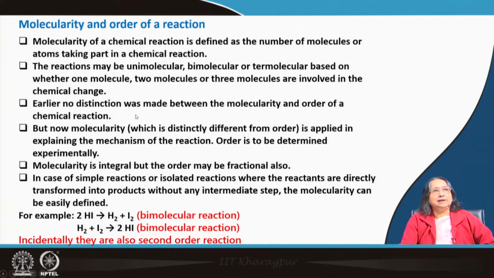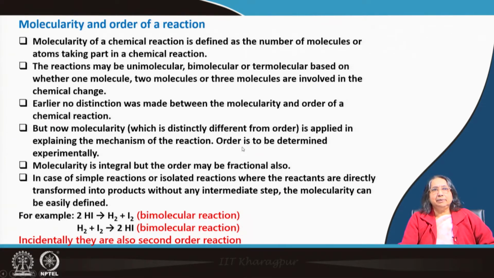But now, after the discussion of chemical kinetics in module 3, you all know that molecularity and order are not the same. Usually we apply the term molecularity to explain the mechanism of a chemical reaction, but order, we have no control.